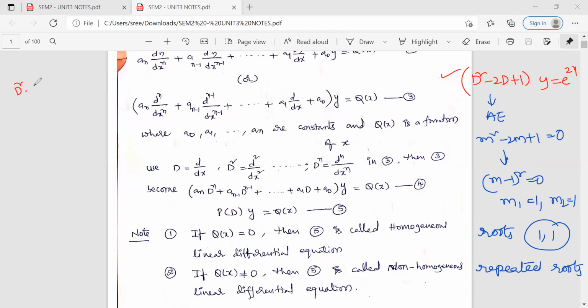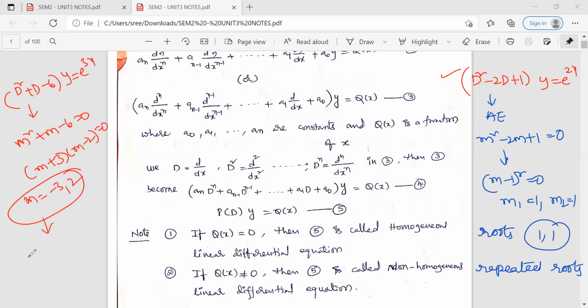If the given equation is (D square plus D minus 6) y equals e power 3x, first we write the auxiliary equation m square plus m minus 6. The roots are given by (m plus 3)(m minus 2), so the roots are minus 3 and 2.